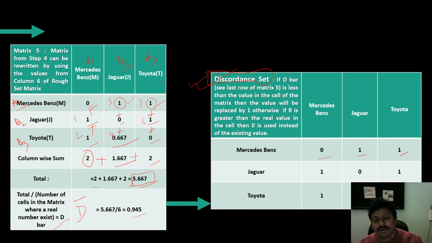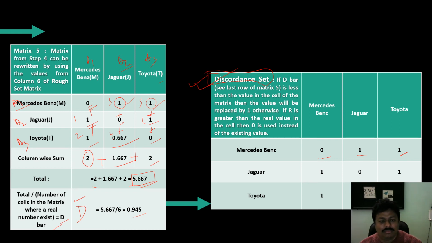Same thing as the concordance set, the only difference is that in case of discordance, we do these subtractions, and in case of concordance, we compare the values. The value which is greater, the weightage of that indicator is placed in the matrix, and if for one or more criteria the value is greater than the other alternative, then we add it.